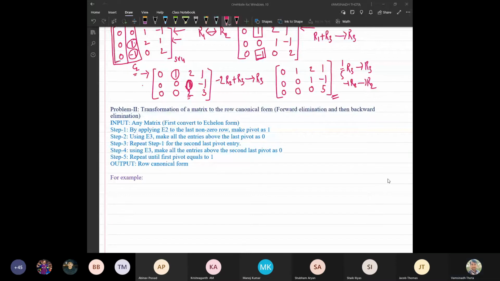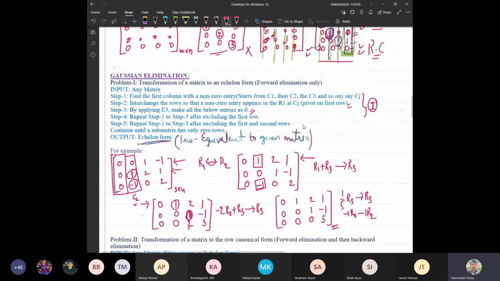The next problem is how to transform a given matrix to the row canonical form. Here, as I said, this process is called Gaussian elimination. Problem 1, transforming a given matrix to an echelon form, is called forward elimination only. Why?